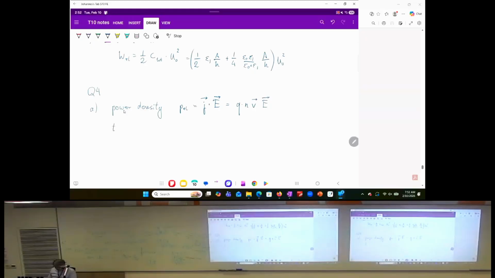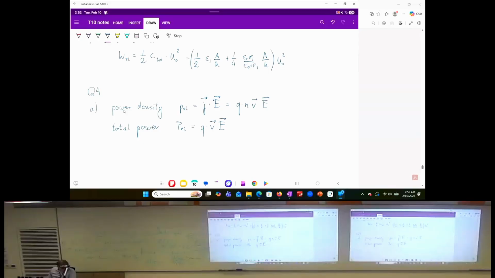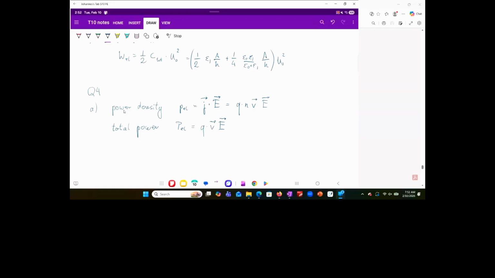Then you have the total power. This is capital P. That is then Q times velocity times electric field.